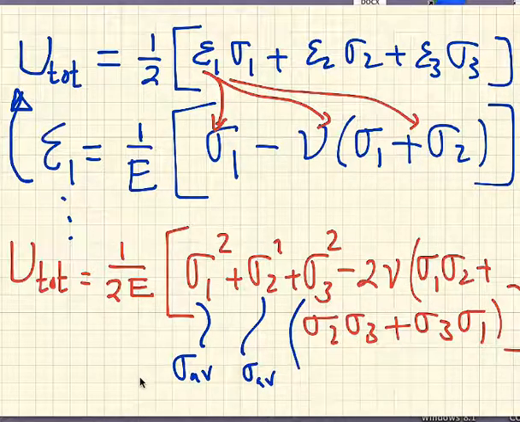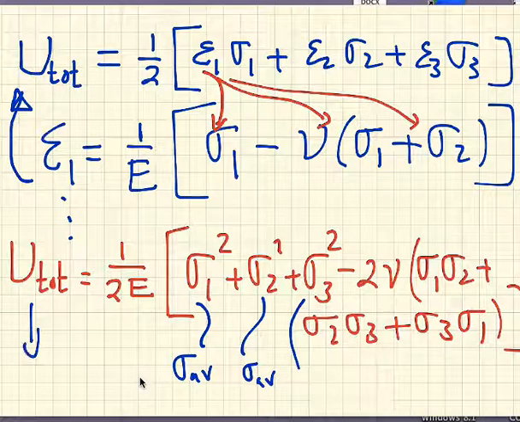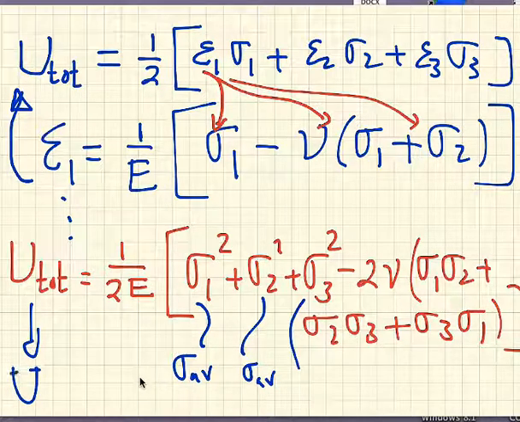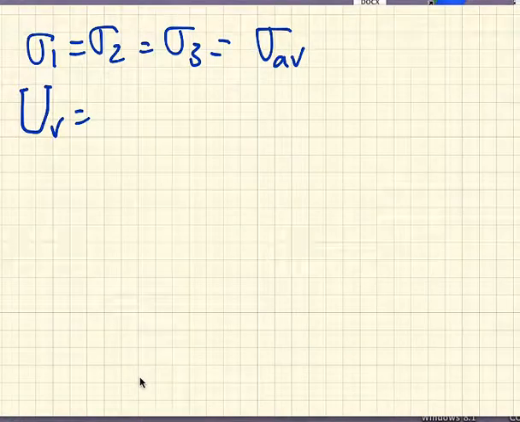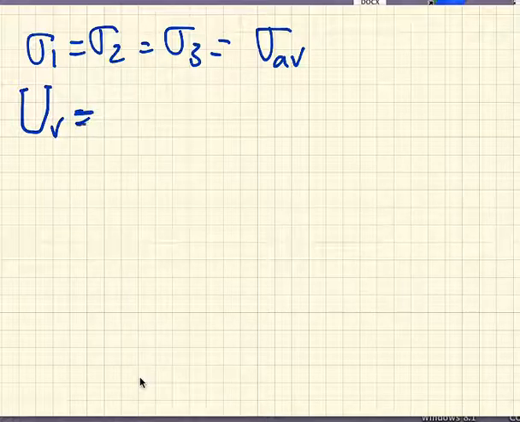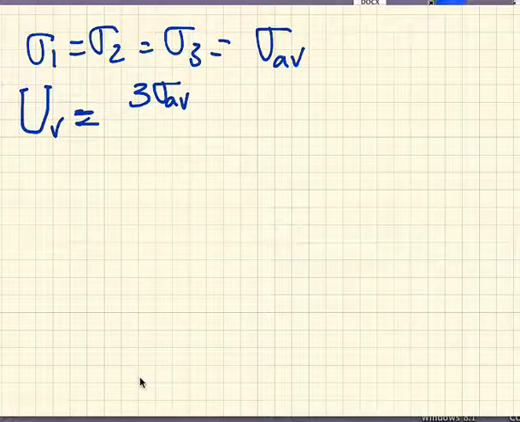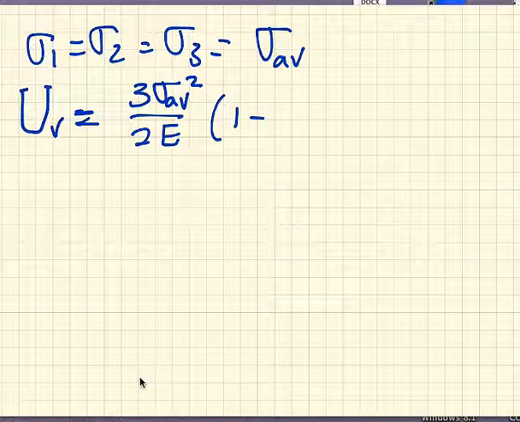U total now becomes U sub V, the volumetric energy. That is the energy stored in volumetric distortions due to this average stress, which doesn't cause any harm. So U volumetric turns out to be 3 times sigma average squared over 2E, all multiplied by 1 minus 2 nu.